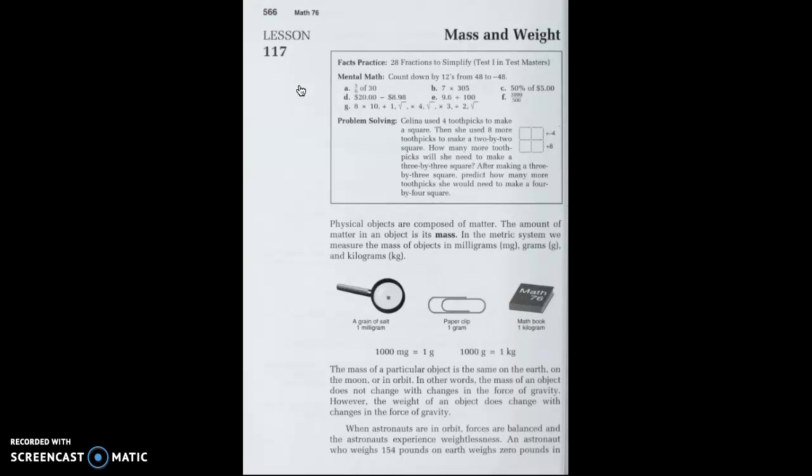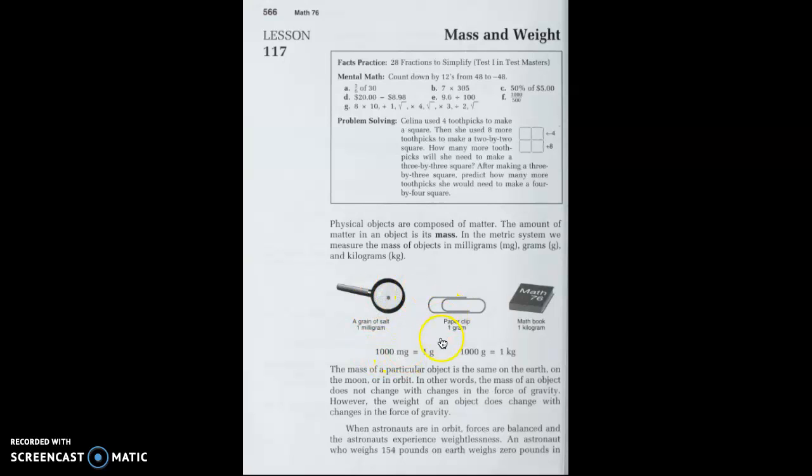While we do not use the metric system here, the metric system uses the mass of objects in milligrams, grams, and kilograms. If you look below, you'll see 3 examples of a measurement. A grain of salt is 1 milligram, a paper clip is 1 gram, and a math book is 1 kilogram. 1 gram is equal to 1,000 milligrams.